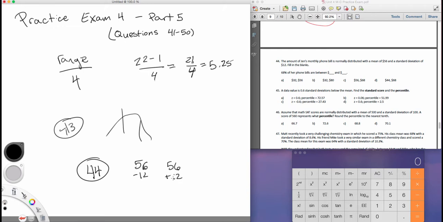And that's going to be our range. Remember, we're doing 68%, so that's why we're doing one standard deviation away. This one will be a total of $44 on the low end and 68 on the upper end. So 44 and 68 is D.